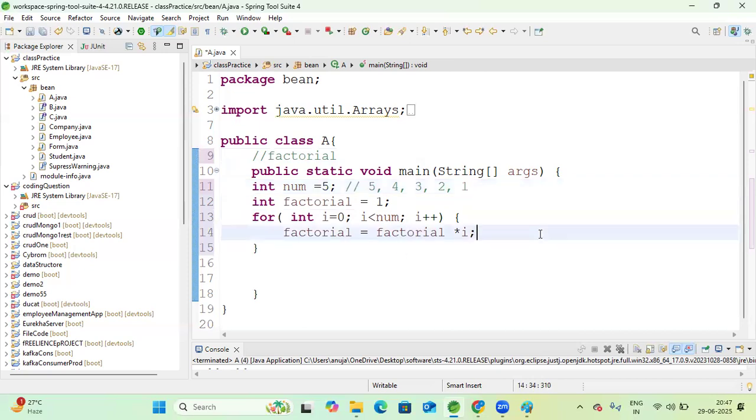Factorial is initially 1, so 1 into 5, then 5 into 4, then 20 into 3, in this way. We keep on multiplying the value in the factorial variable, and in this way we find the factorial of any value.